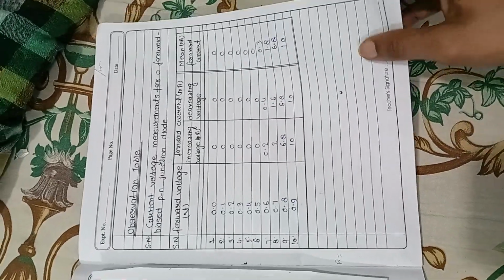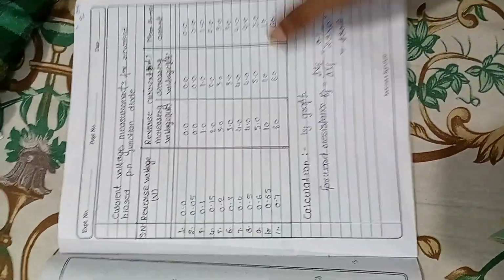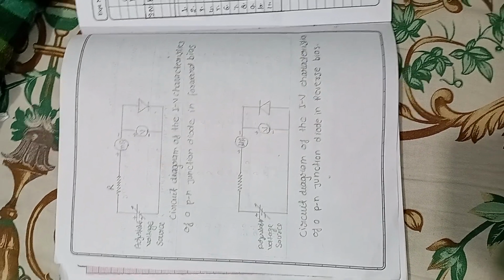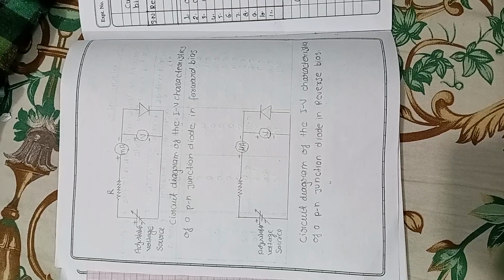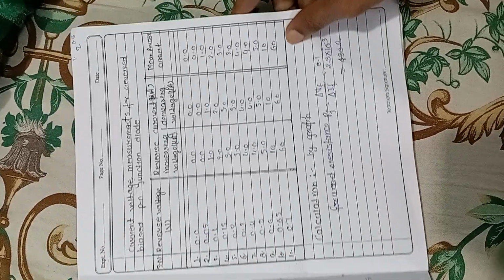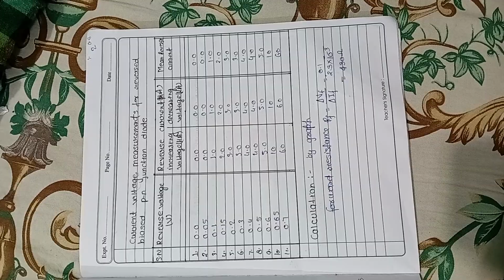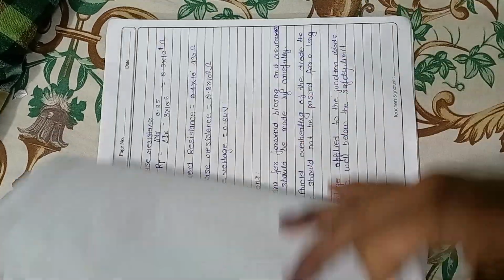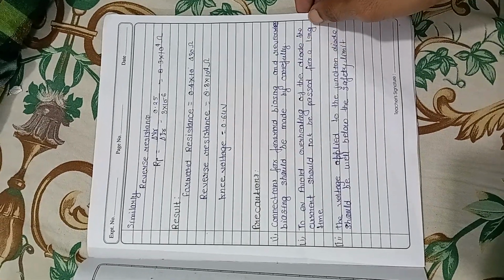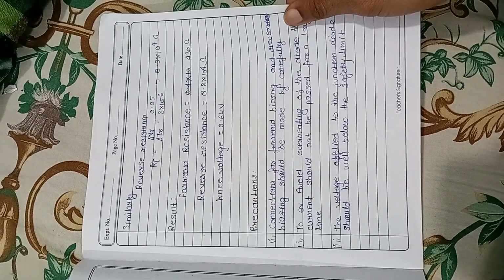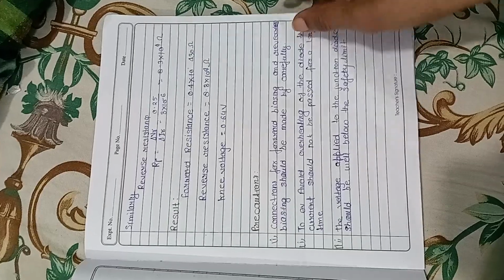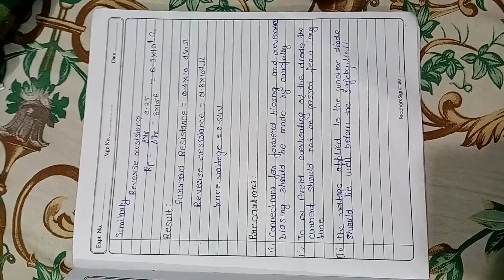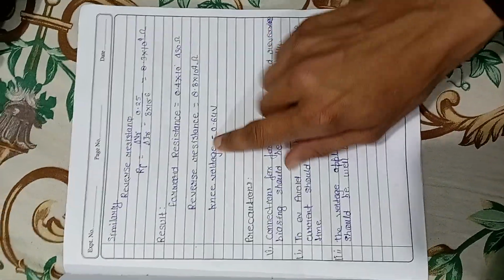You observe that the forward resistance is less, or we can say the reverse resistance is more than the forward resistance, because in reverse bias only a very minor current flows, but in forward bias plenty of current flows.